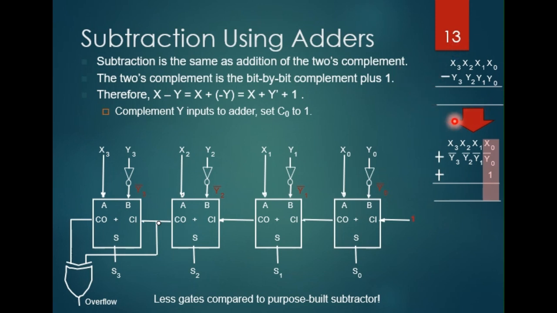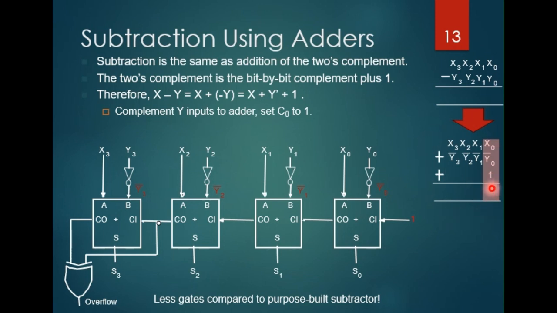Because as you learned earlier, the subtraction x minus y can be described as an addition problem, where x minus y is actually x plus negative y. This negative y can be implemented in a digital circuit as a 2's complement, where we invert each bit in y and then plus 1, as shown here. Okay? So the negative y can be represented with inverted y plus 1, which is the 2's complement.